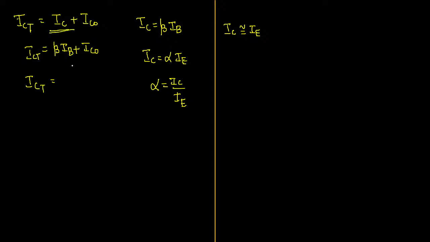So the total collector current can be written as IC equal to alpha times of IE plus ICO. That is the alternative way of writing the collector current. Okay, I hope now you people are understanding what we are trying to mean here.